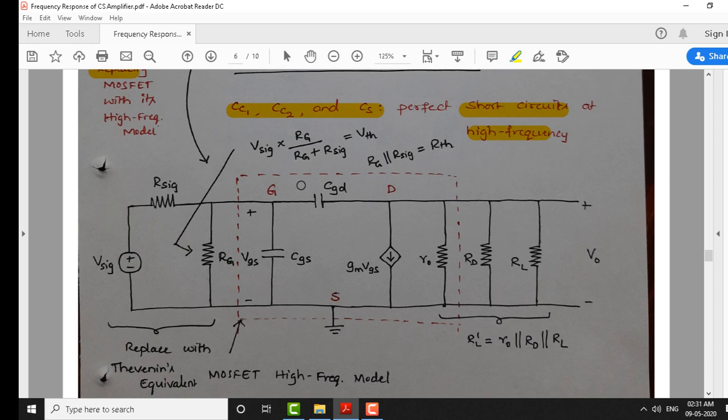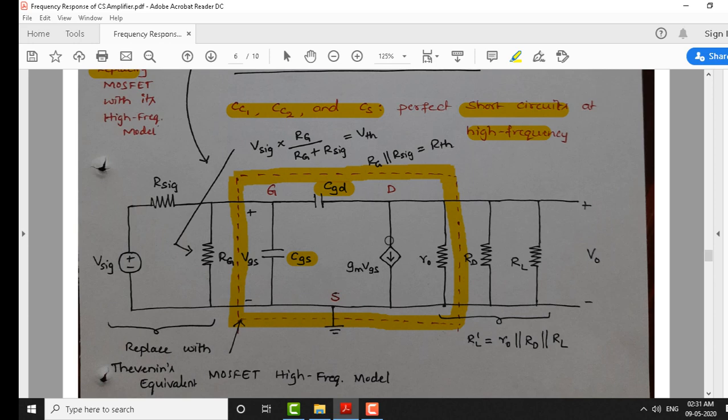Okay, so now this box here shows the replacement of the MOSFET with its high frequency model. As we have discussed in the last class, the high frequency model of the MOSFET comprises two capacitances: CGS, the capacitance between gate and source, and CGD, the capacitance between gate and drain, and there is a current source, GM times VGS.